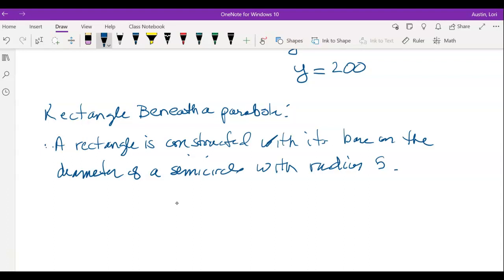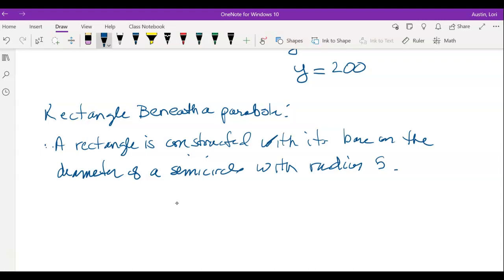Oh, I want to do a parabola, and I did a semicircle. Let's switch to the parabola, because that's the one I'm more likely to give you. I'm sorry. I started reading the wrong one.